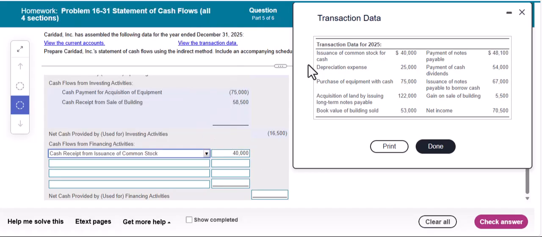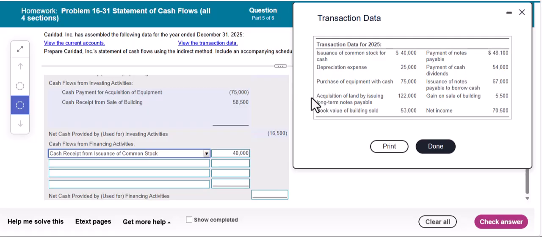So going through these, do we have any other liabilities or equity? So depreciation expense, not one. Equipment and cash, not one. Acquisition of land by issuing a long-term notes payable. So cash is not involved here, so that's going to go in the fourth section of our statement of cash flows.